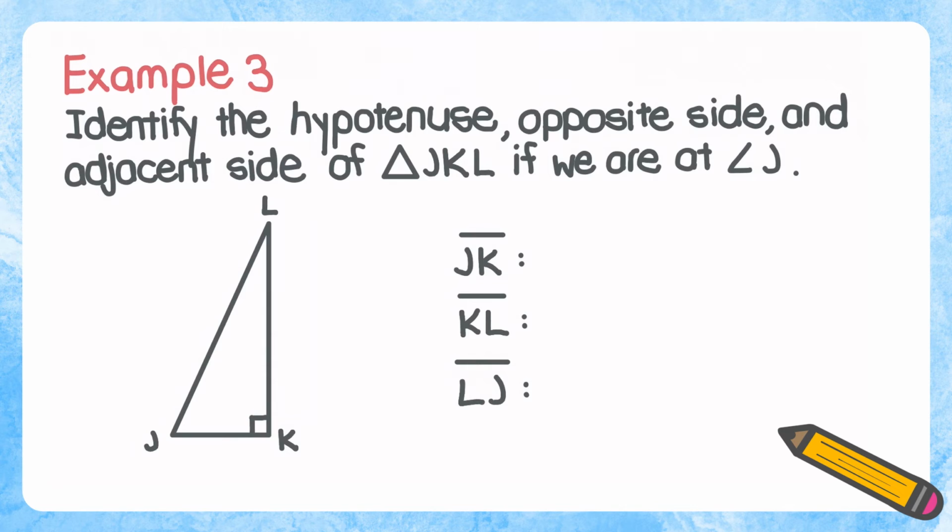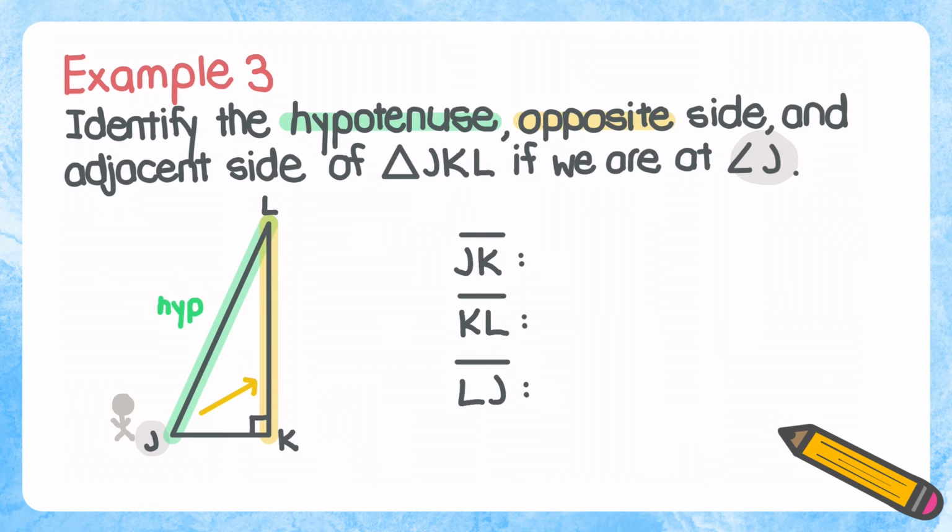Let's take a look at this example. Here, we're looking at triangle JKL, and we're going to be standing at angle J. So for this example, we're standing here at angle J. And let's first find our hypotenuse, which is across from the right angle. So this side is our hypotenuse. So we found the hypotenuse. Next, let's find the opposite side. So the opposite side is across from where we're standing.